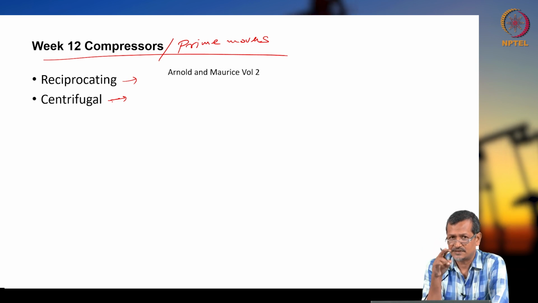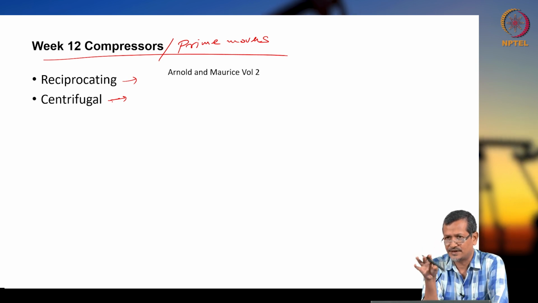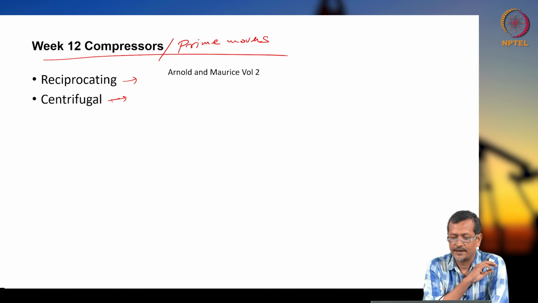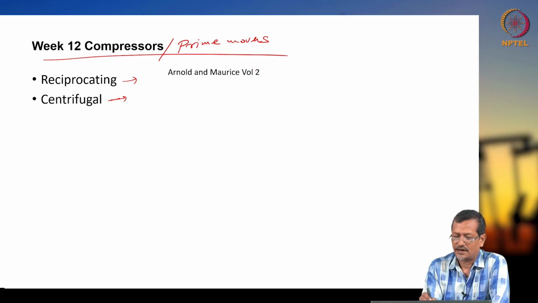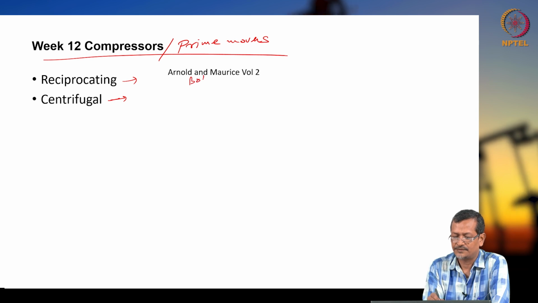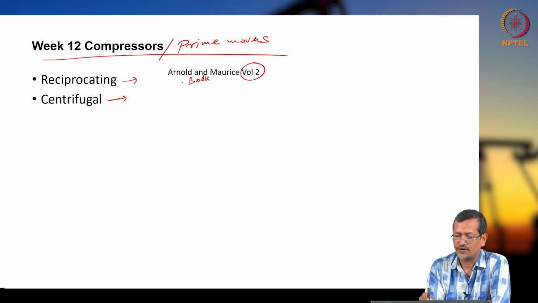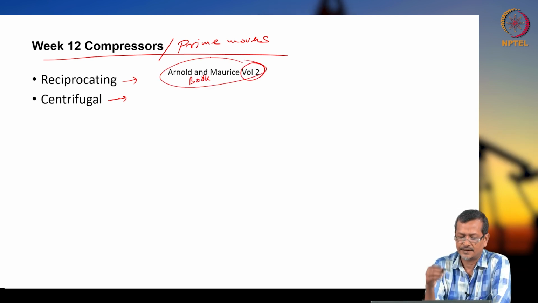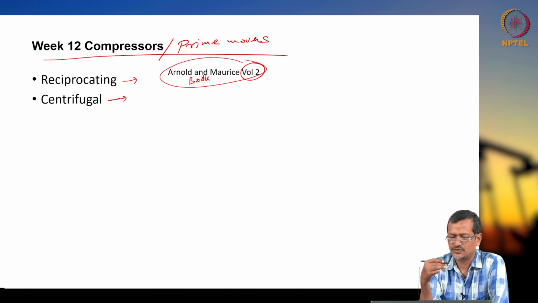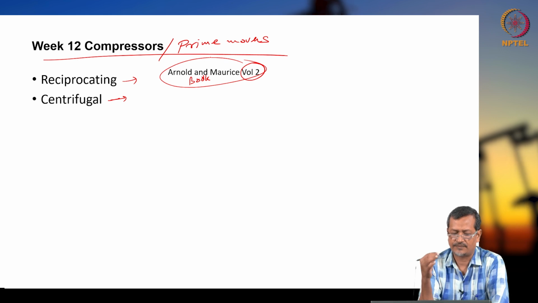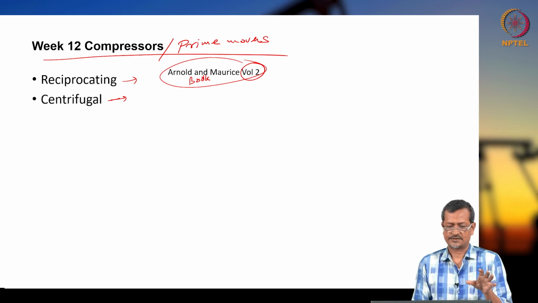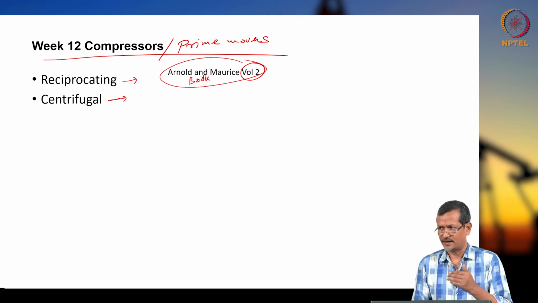Compressible means that PV^gamma and PV = nRT formulas will come in here. You can check this topic in Arnold and Morris, Surface Production Operations Volume 2, and many other documents. This is basic, so you do not need to go too much in depth, just some basic knowledge and some mathematical calculation.